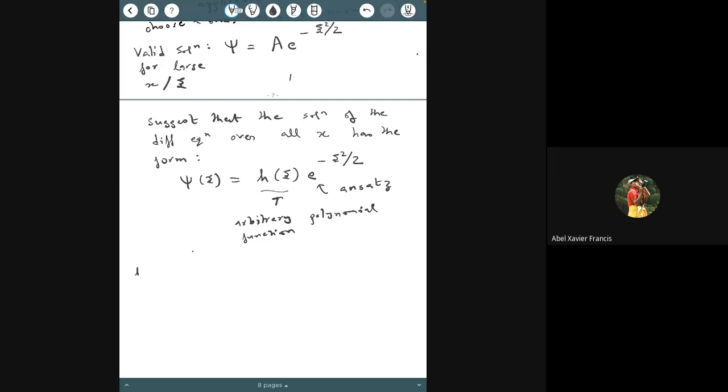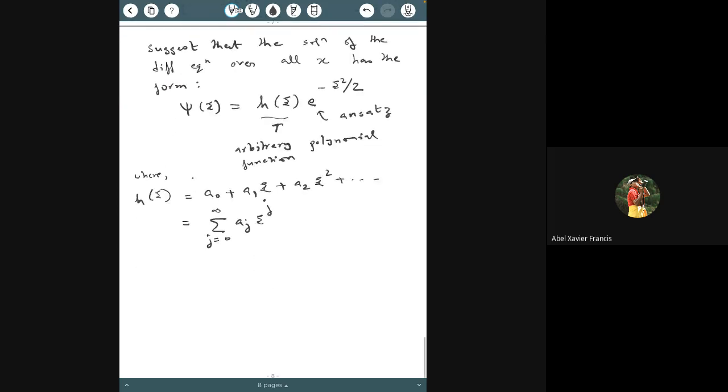And h is, I'll write it explicitly, some polynomial in xi. Okay. And I can write it concisely as a summation. So you see, if we had even taken just h psi, that is also a general enough function for me to start with.